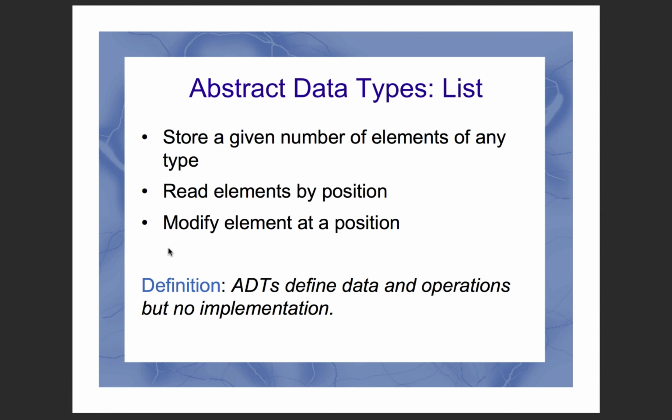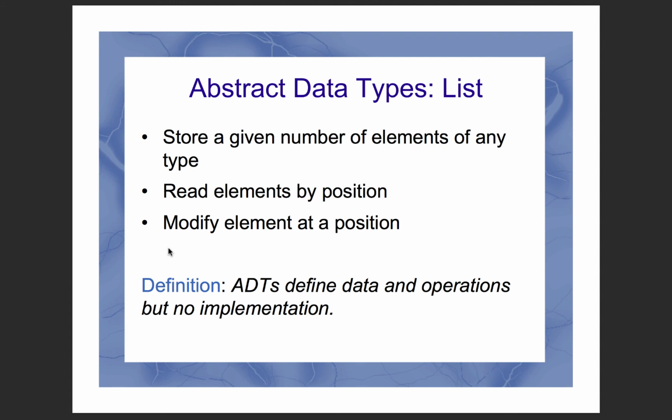So when we have a list, we probably know how to use that list. For example, we know how to store a given number of elements of any type, how to read some elements by positions, and how to modify any element at any position of the list. So this is how to use that list.